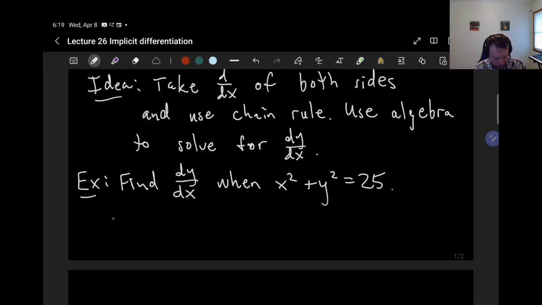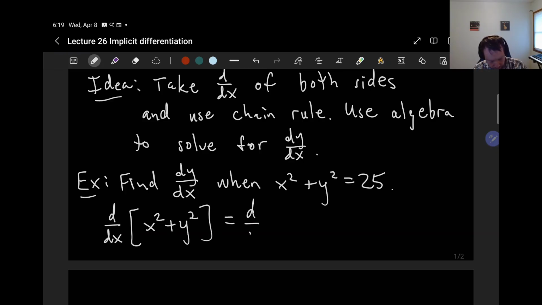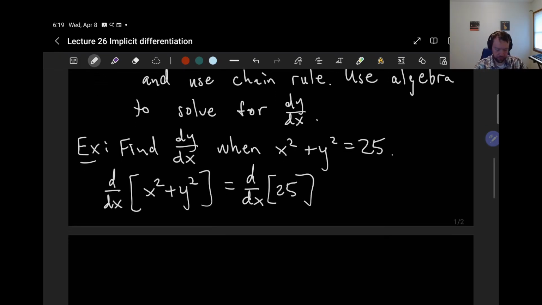So what we do, take the derivative of both sides, the derivative with respect to x. It can be easy to forget this side, but we do have to do it, and it's 0, the derivative of a constant.